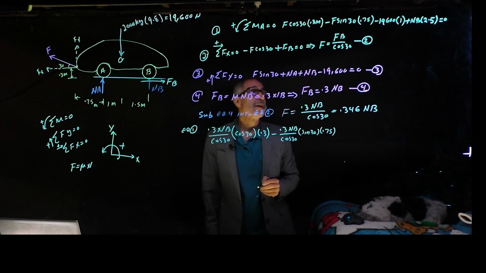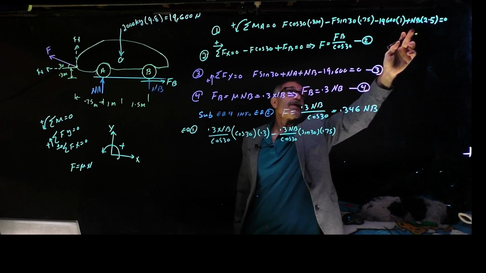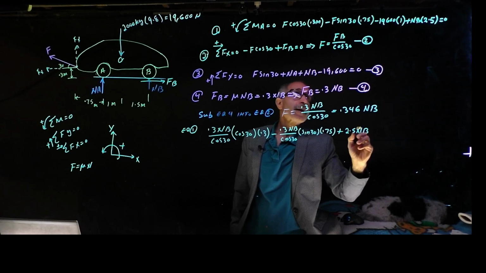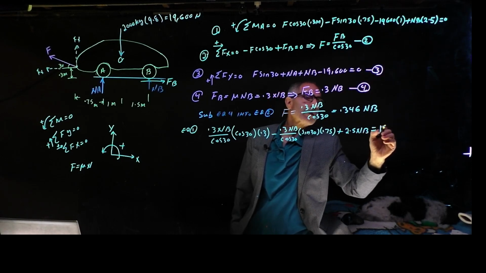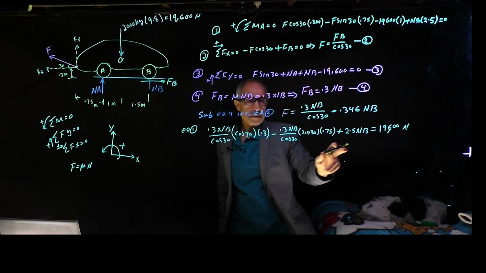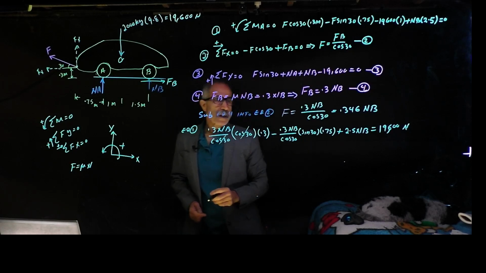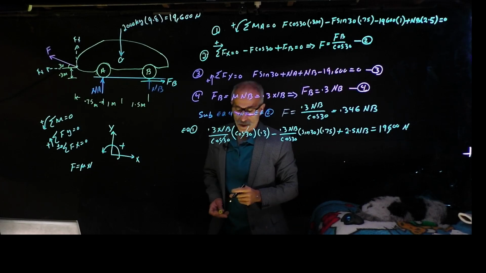Okay, and then I have, I'm going to put that in first, and I'm going to put that one on the other side. So it's going to be plus 2.5 NB, and then I'm going to take 19,600, put it on the other side, equal 19,600 Newton. Okay, let's simplify this. Cosine 30 is going to cancel out, and sine 30 over cosine 30 becomes tangent 30, and then the NB terms add up with each other.